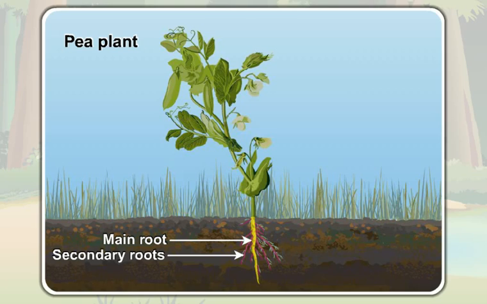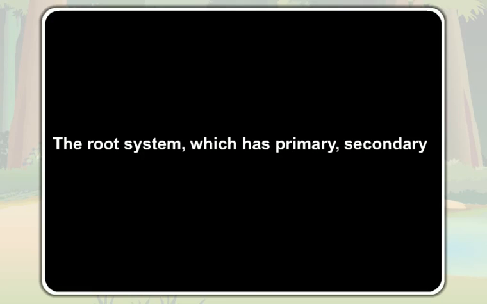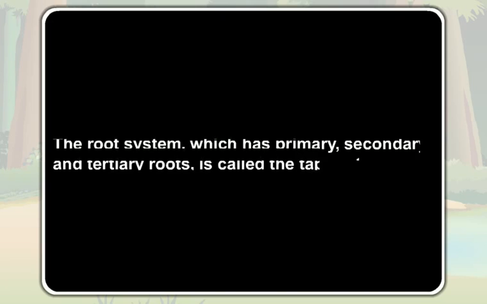You can see some roots growing even out of the secondary roots. These are the tertiary roots. The root system, which has the primary, secondary, and tertiary roots, is called the tap root.